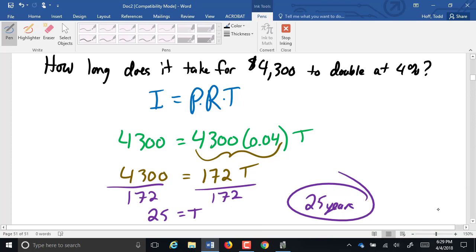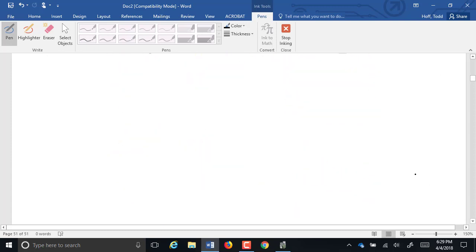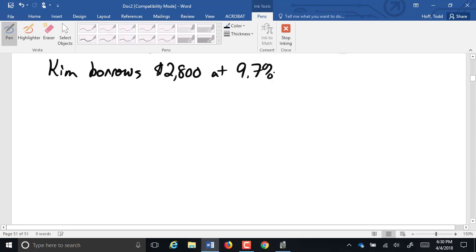So we've done it by number of years, we've done it by number of months. What happens if we have Kim borrows $2,800 at 9.7% for 90 days.